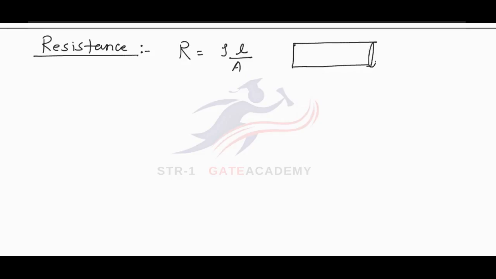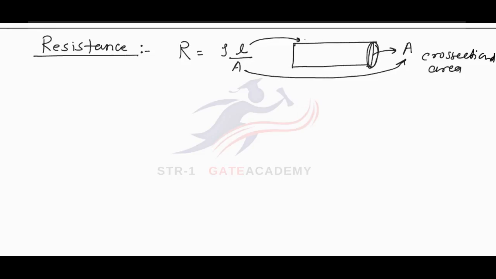For this material, its cross-sectional area will be A. This is cross-sectional area. And this will be the length of material L. And this rho will be resistivity of the material.